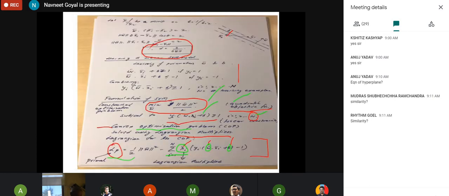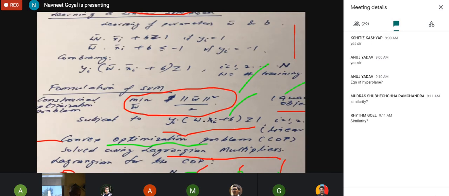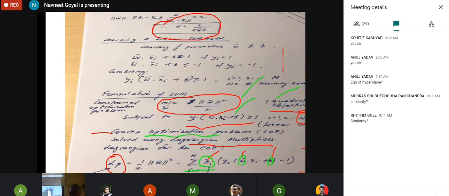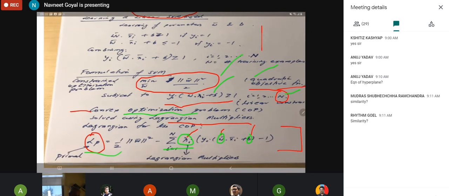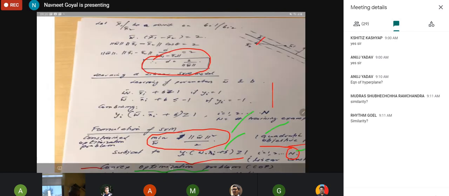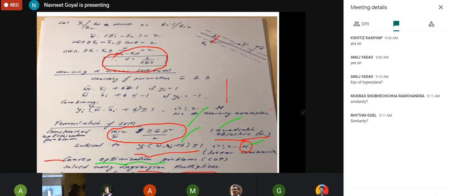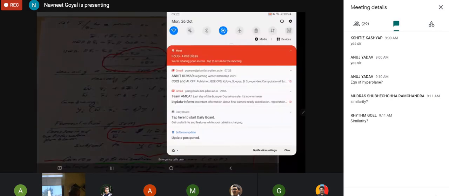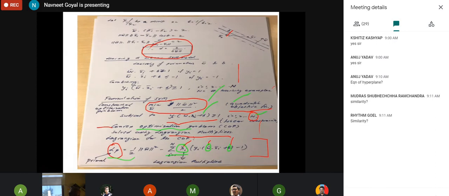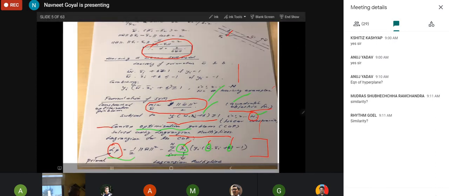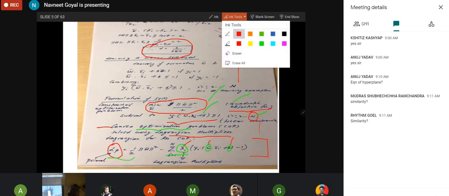Yeah. So you can see here. Can you see this? This is the formulation of SVM. Okay. All right. And at the bottom, you see this. Let me use a color which is not used. Okay, let me use a green color.